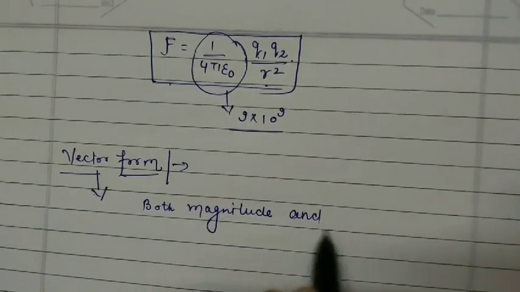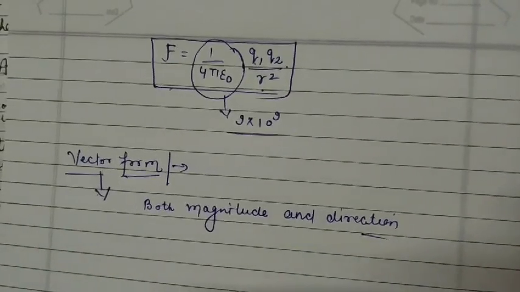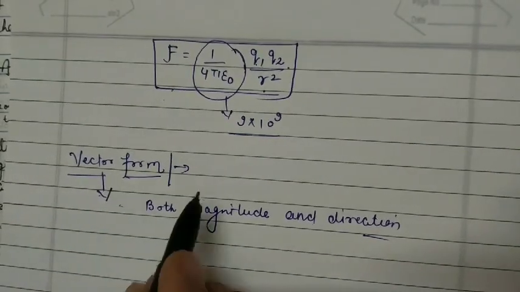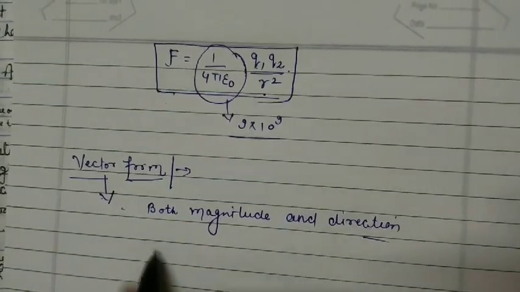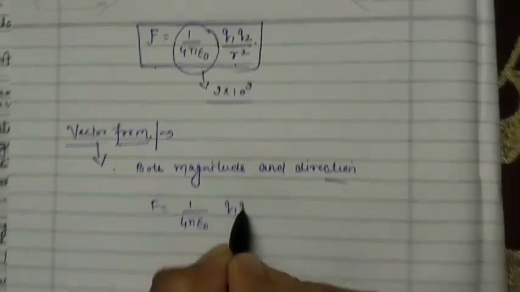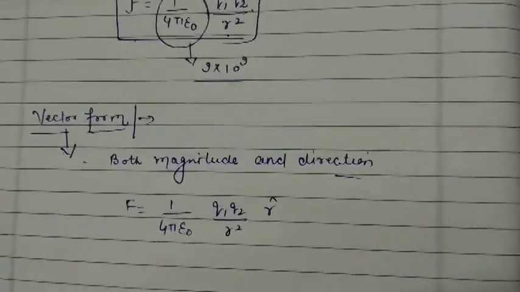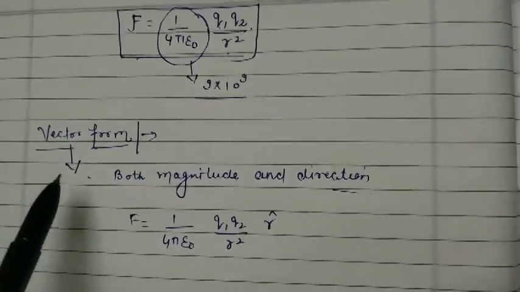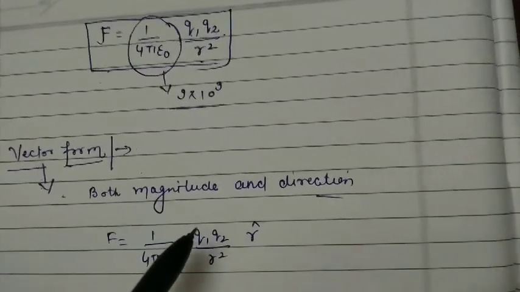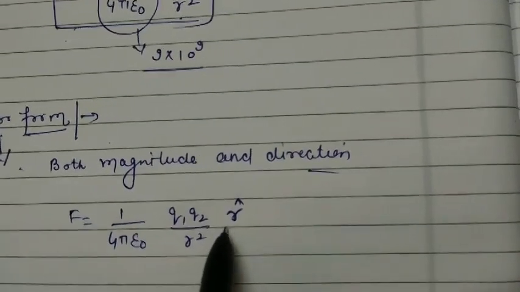So when we convert this formula into vector form, we will apply a unit vector along with this formula. When we write any scalar formula in vector form, we write a unit vector in that formula.